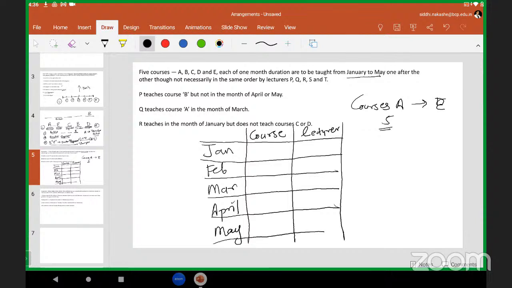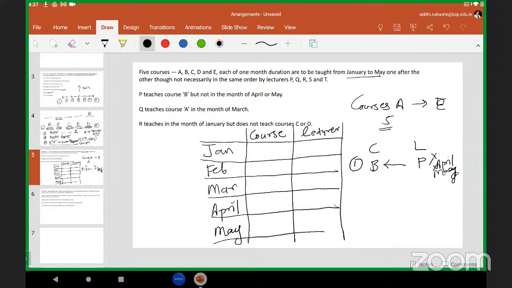So P teaches course B. So first condition, P teaches. So P is a lecturer. It teaches B, okay, so not in the month of April, nor in the month of May. Okay, not April, not May.